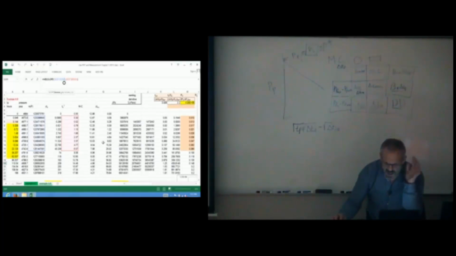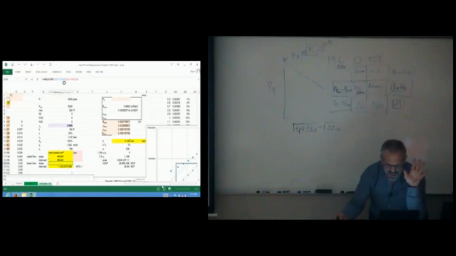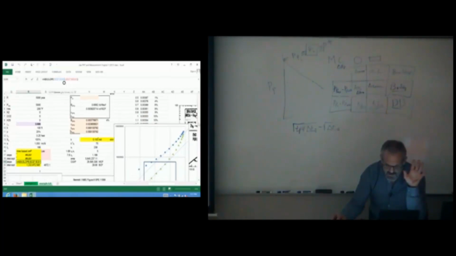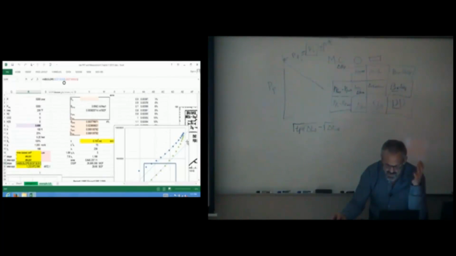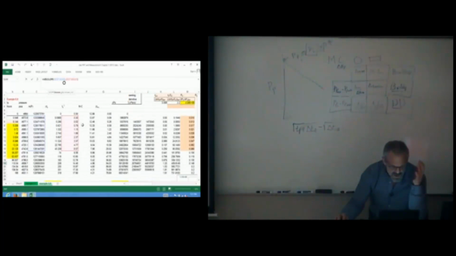Actually, I'm okay with the square root of time area because it's an original, an M of P. But I want to grab the data set that looks good on my type curve. I want to grab the second, third, fourth, fifth, sixth point, and I don't want to go past that.